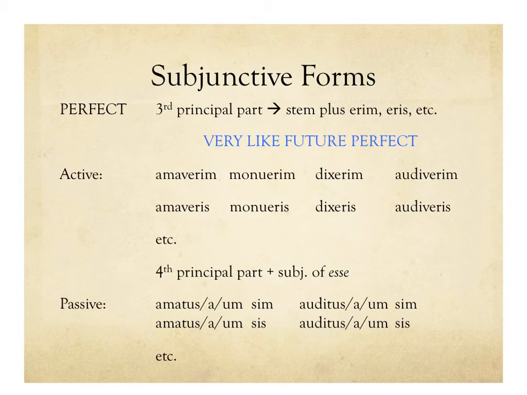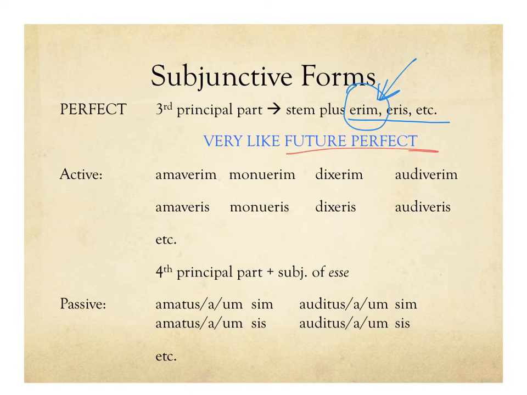We're going to take that third principal part and we're going to remove the I and add erim, eris, erit, etc. You will notice that except for this first person singular where we have erim, right, with the M, this is going to look identical to the future perfect.